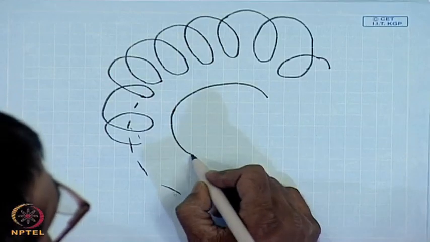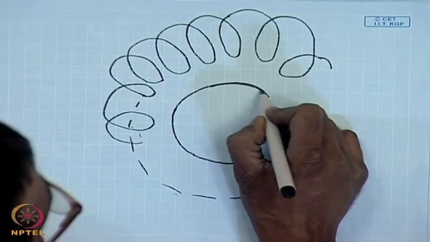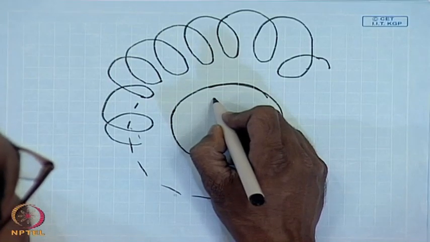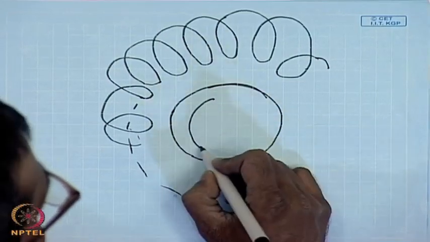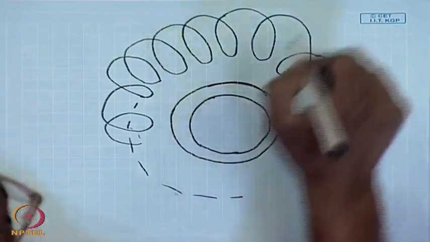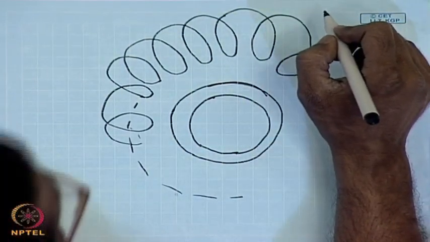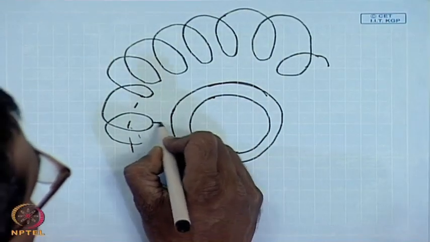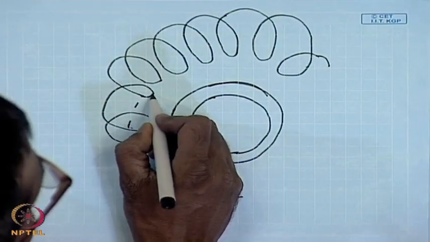Commutator, as I have mentioned earlier, is an annular structure. Previously, with only one coil, we had two segments, but with multiple coils, now I should have as many segments as there are coils.